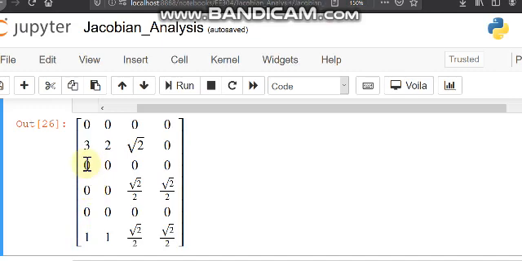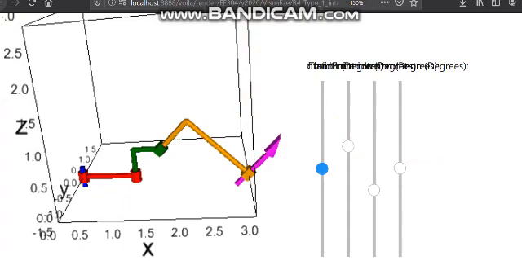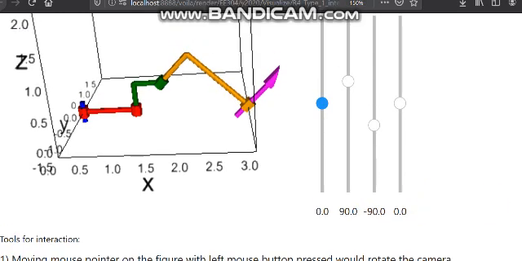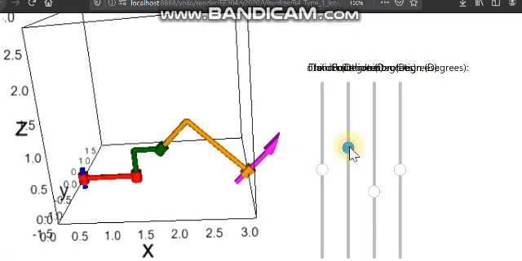Let us continue our analysis and see what happens when only theta 2 is varied, keeping theta 1, theta 3 and theta 4 constant. Let us start again from the interactive app. We will first bring the theta 1 value to its reference value, which is 0. Here it is 0. Now we change just theta 2 and see what happens to O4.